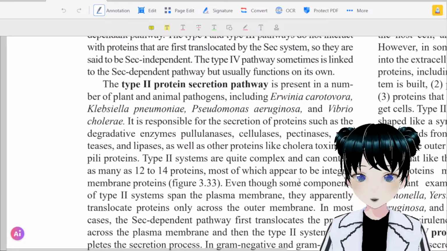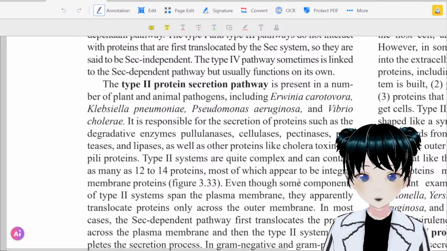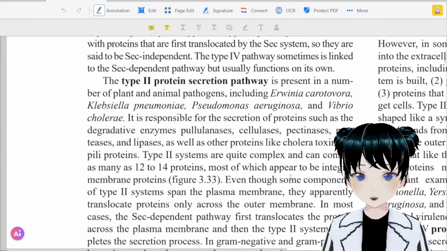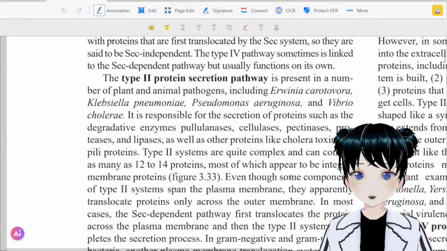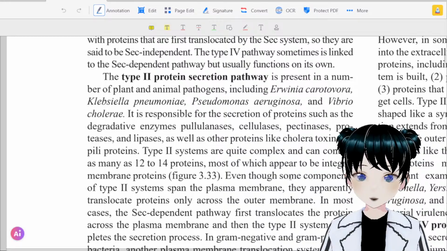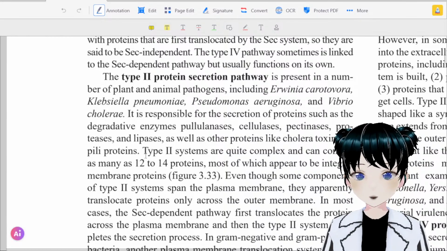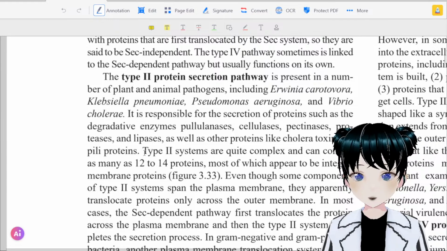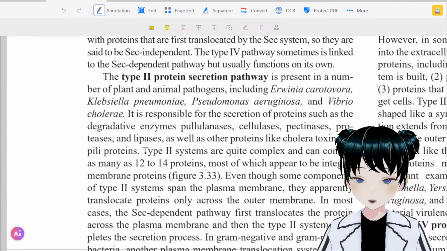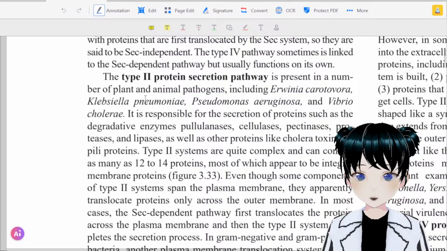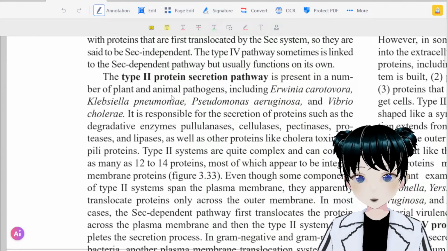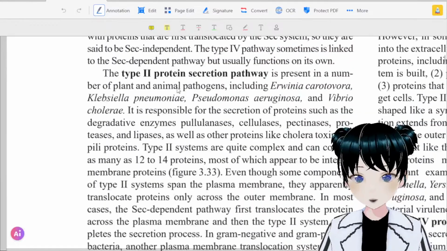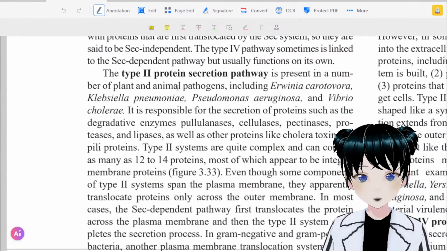Which one are you talking about? Just the type 2 protein secretion pathway or what? I don't know. So we are just talking about the secretion pathways. Oh, okay. I'll just tell you from the type 2 protein secretion pathway. This is the first one that we are studying in the order.